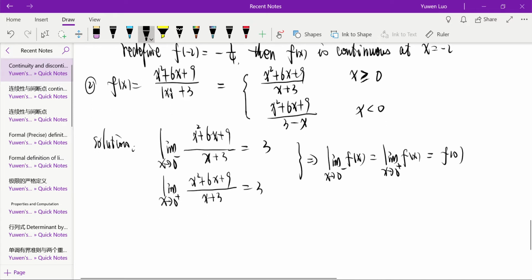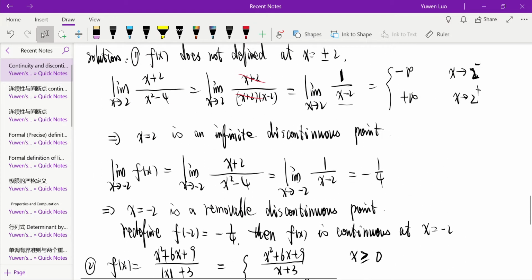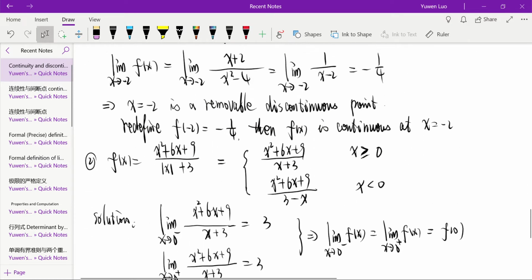So there's no discontinuous point. Okay, now we have the infinite discontinuous point and the removable discontinuous point.